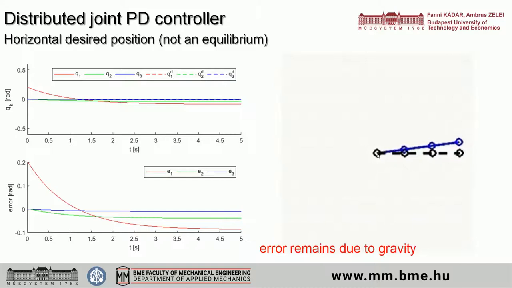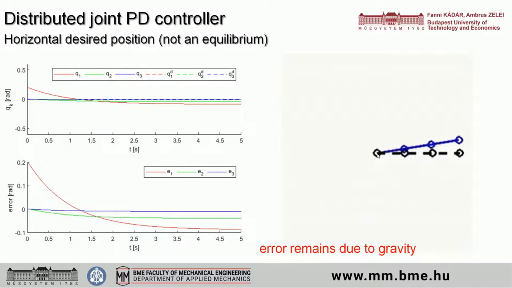However, if we consider a horizontal desired configuration, there will be some positioning error. It is because some joint torques are necessary to hold the system in this desired horizontal configuration.